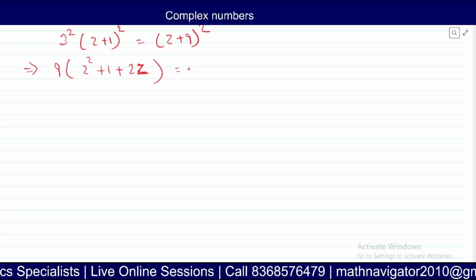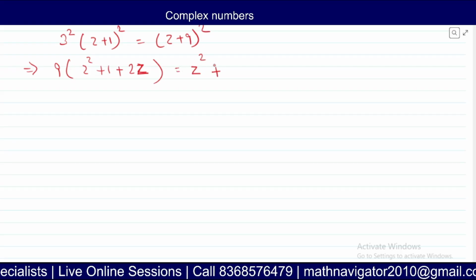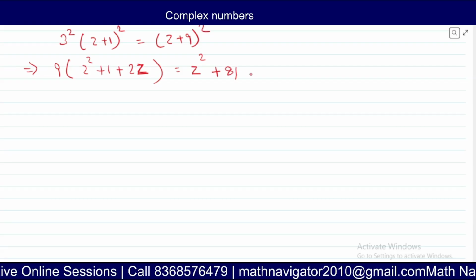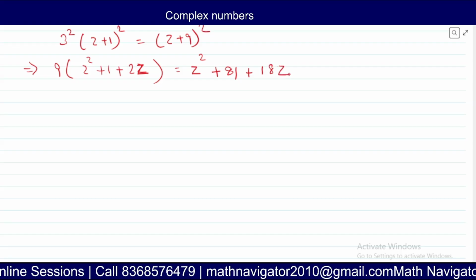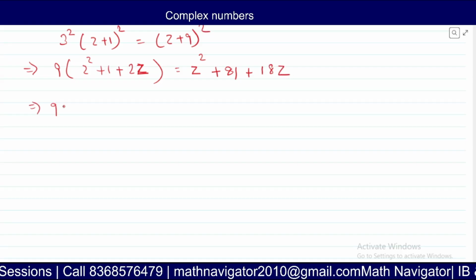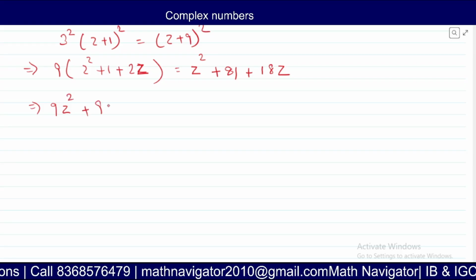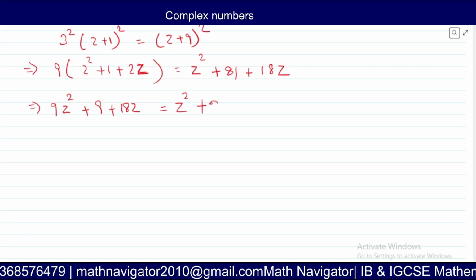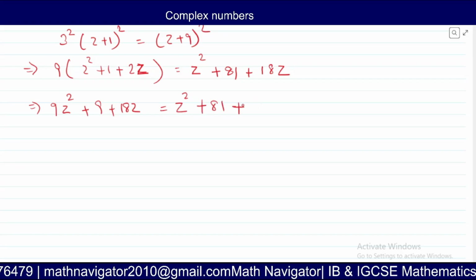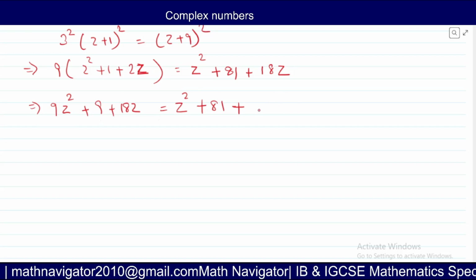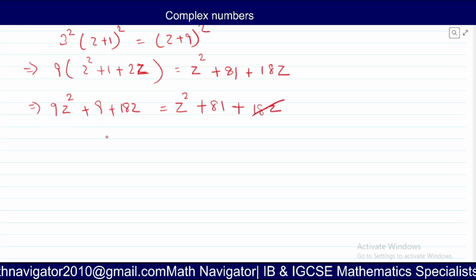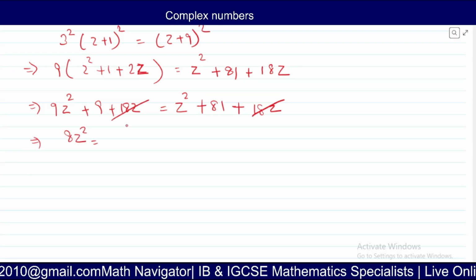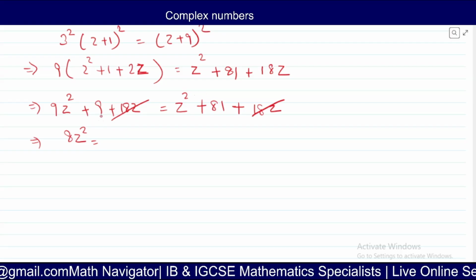Is equal to z squared plus 81 plus 18z, since 9 nines are 81. This becomes 9z squared plus 9 plus 18z is equal to z squared plus 81 plus 18z. 18z cancels. So 8z squared is equal to 81 minus 9, which is 72.